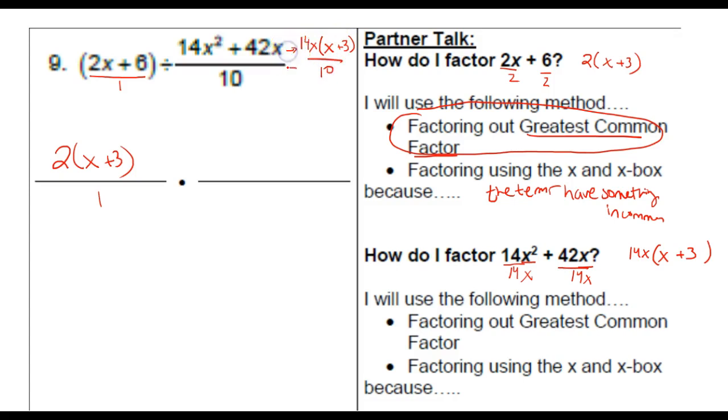So that's the factored form. Now they do have to flip this over so that 14x parentheses x plus 3 would actually go on the bottom, because we have to flip the second fraction, remember?